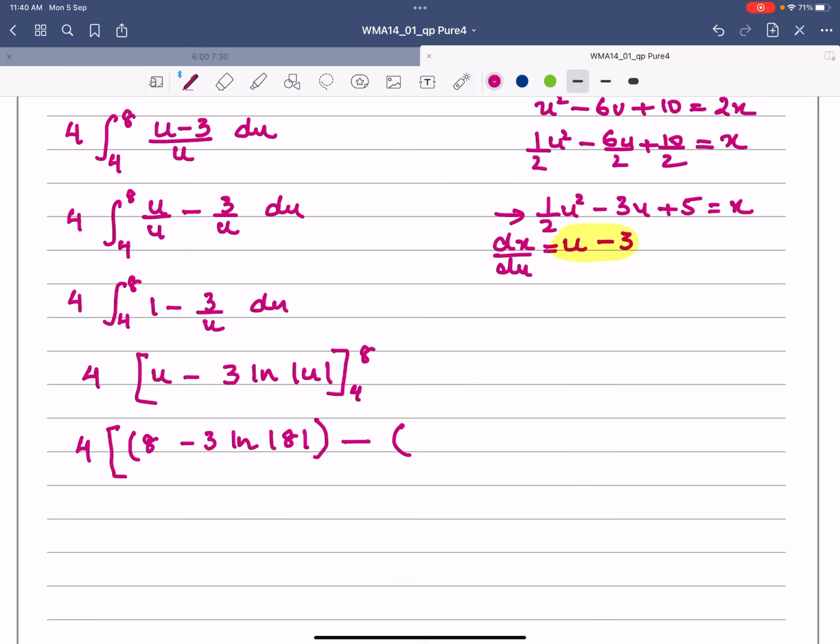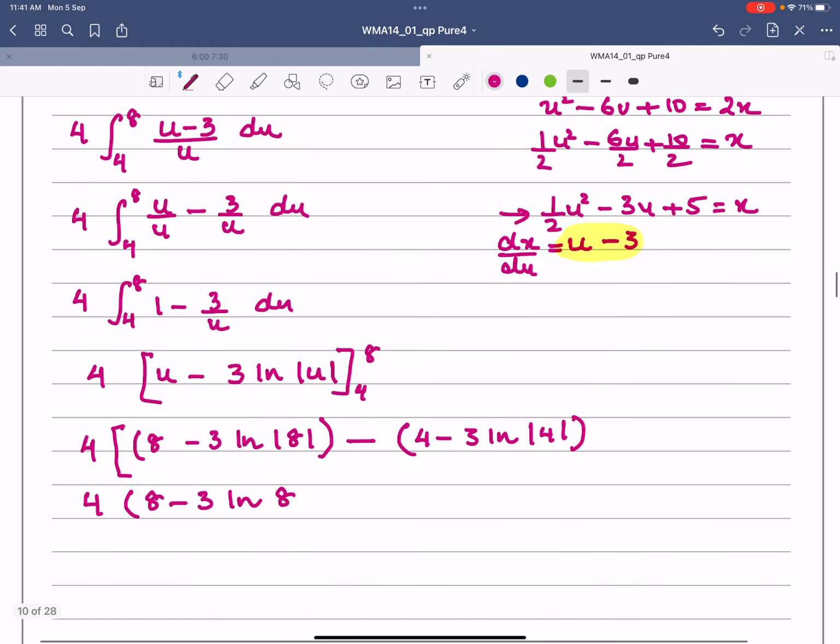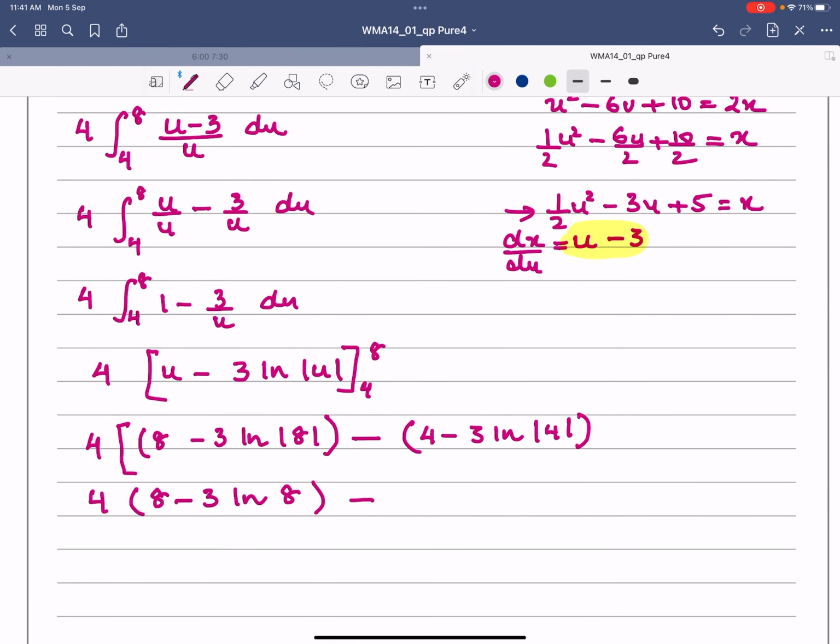Now 4 will substitute for u, 4 minus 3 ln modulus of 4. So this is 4 into 8 minus 3 ln 8, because 8 is positive, so we can just write it as ln 8, minus 4 into 4 minus 3 ln 4.